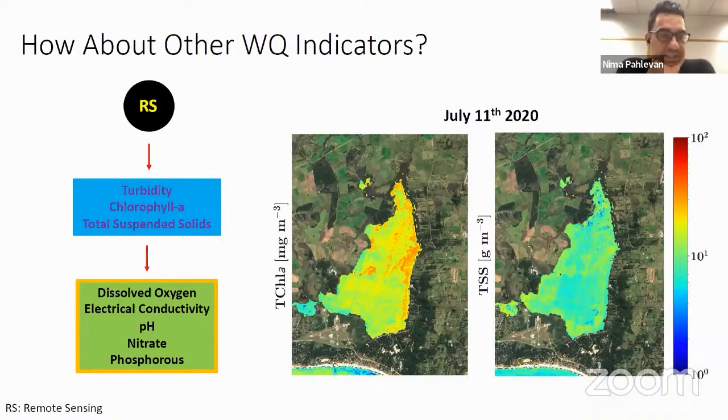However, if these are correlated with chlorophyll A, turbidity, or TSS, why not? But in general, at this point, from the remote sensing science perspective, we tend to first retrieve turbidity, chlorophyll A, and TSS, and from those potentially other non-optical proxies can be retrieved.